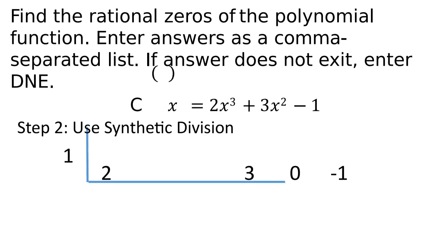So we're going to do the same thing. We're going to check if these are zeros of the function. So to check, we take one of them and then we test it. For example, here we're going to test number 1.